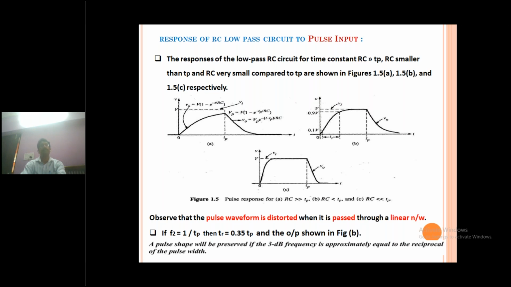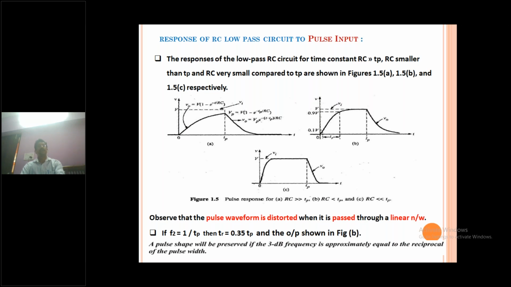Here important one: 3 equations. What are the 3 equations? The first equation is for the 0 to TP interval, that means the capacitor charging duration, 0 less than small t less than TP. The capacitor will be charging here, so the equation is V naught of T equal to capital V into 1 minus e power minus T by RC. You have got this equation from applying a step input to a low pass RC.